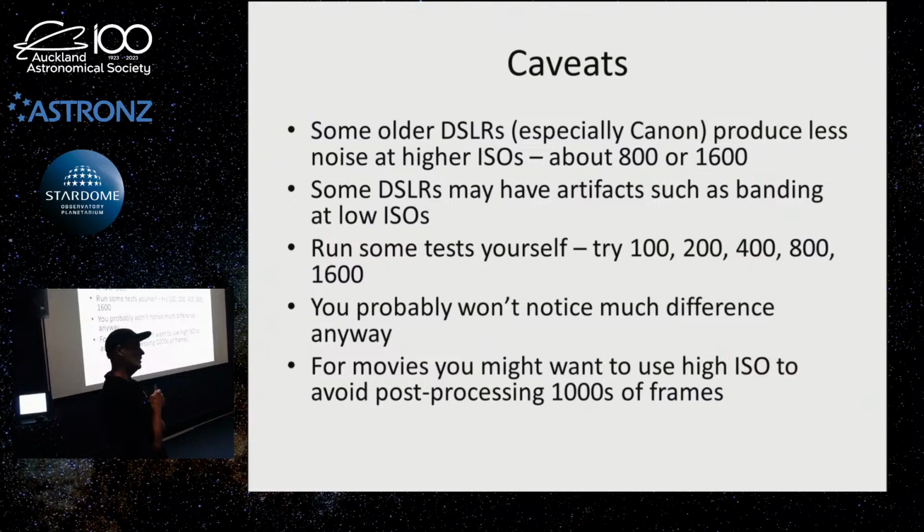You still lose dynamic range, but you also lose some noise. So if you've got an older camera, just test things out, just like with Robert's images of the nebula. Do a few images at different ISOs and measure the signal to noise ratio, which is easy in PixInsight.